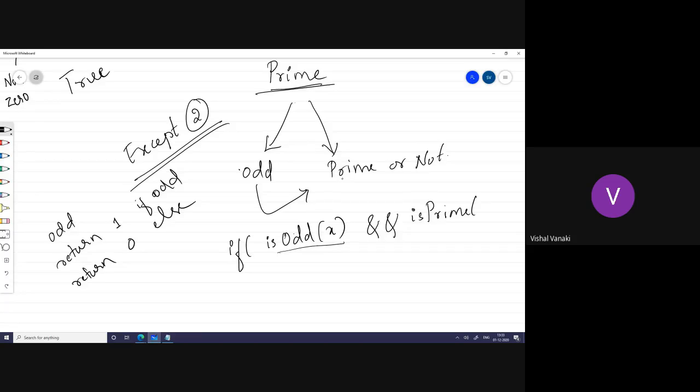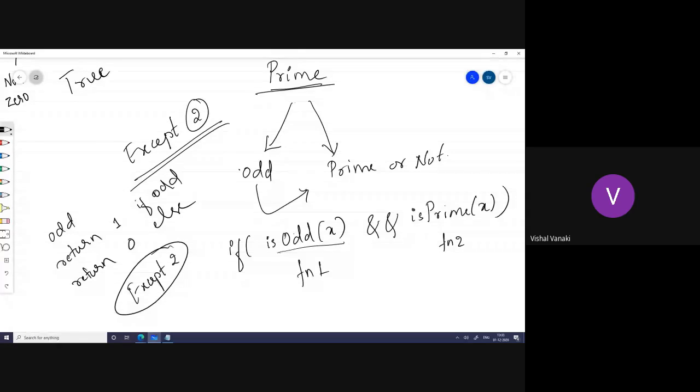So I am calling two functions here, function 1 and function 2. I'm ignoring the exception of 2. I'm just using this scenario to explain how AND and OR will be useful to increase the efficiency of the program.